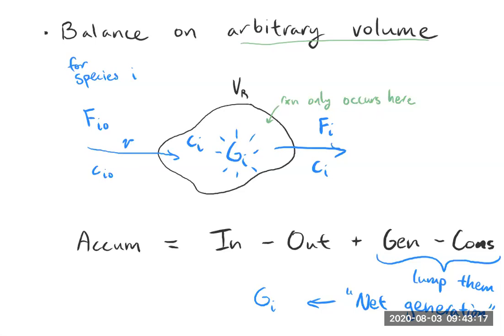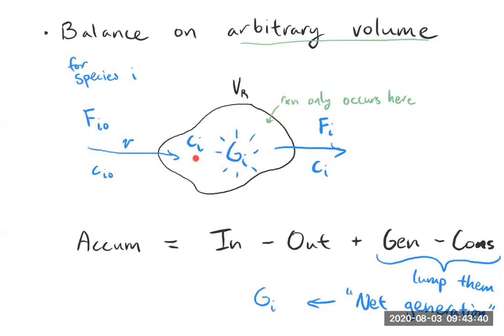Now, something I have done here is assume that the generation term is the same throughout the reactor, and that the concentration of species I is the same throughout the reactor.